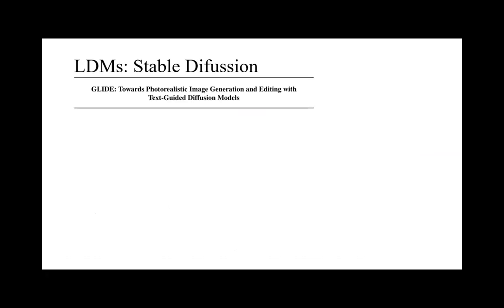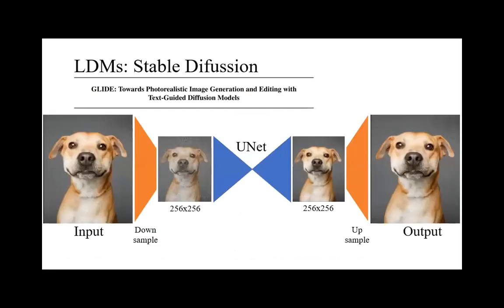One solution is what the authors in GLIDE propose. My input has high dimensionality, but I'm going to use a downsample network to get the same image in a lower resolution. So here we pass from 1024 to 256. Then I'm going to do the forward and backward process of my diffusion model in this dimensionality, which is less than my original input.